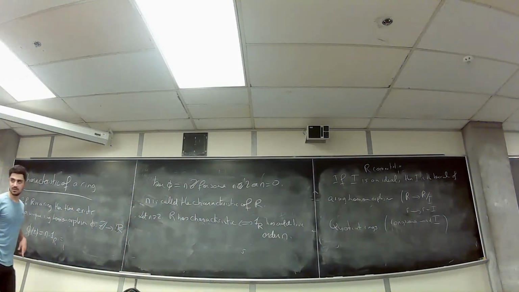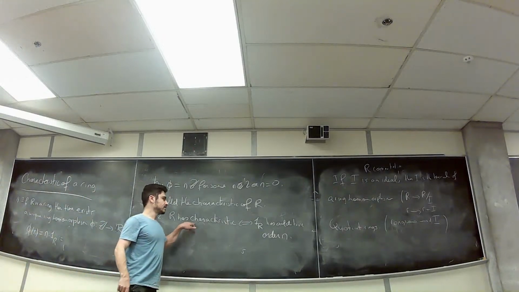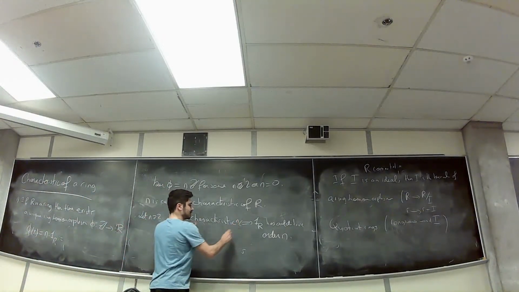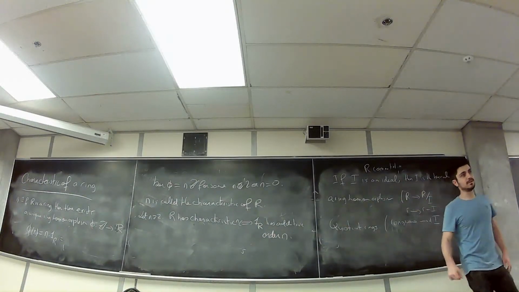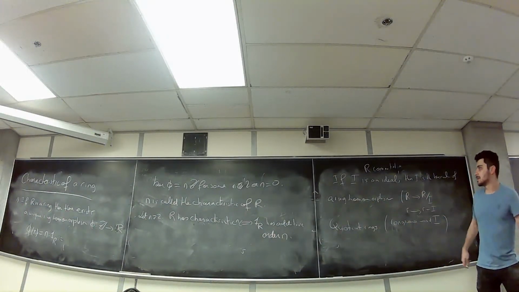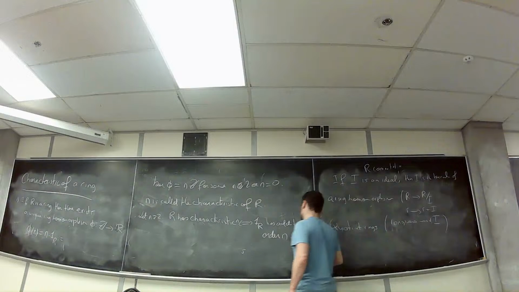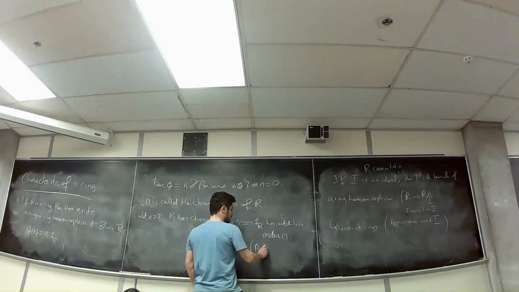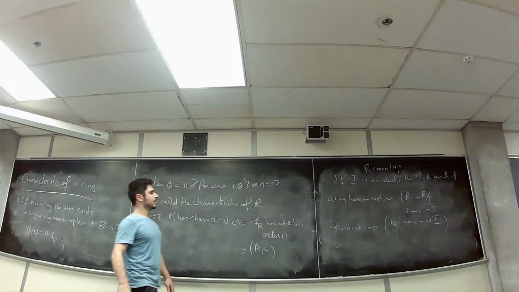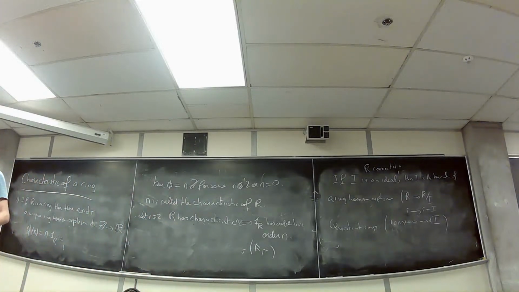I proved it two ways. R has characteristic n if and only if the additive order of 1 in R, that is, the order of 1_R with respect to addition, is n. This is a very important theorem.